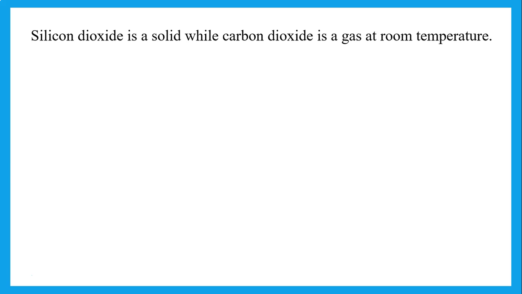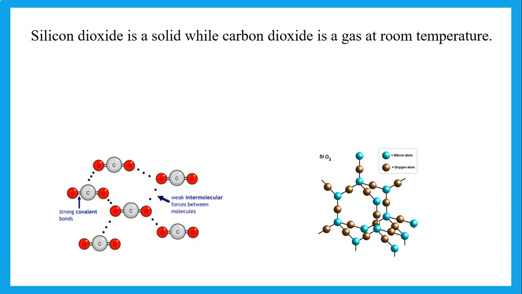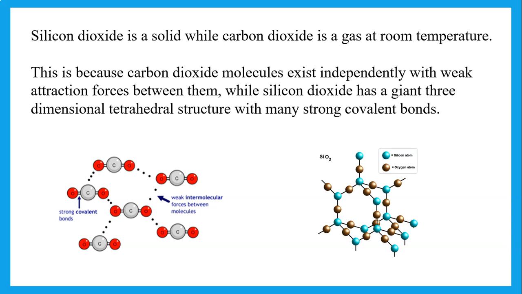So, if we compare silicon dioxide to carbon dioxide, both silicon and carbon are in the same group, but silicon dioxide is a solid. This is actually what we call sand, while carbon dioxide is a gas at room temperature. Why is that? You should realize that when we talked about carbon dioxide, we said it is made up of molecules with weak attraction forces between the molecules, while silicon dioxide, we said, is a giant three-dimensional tetrahedral structure.